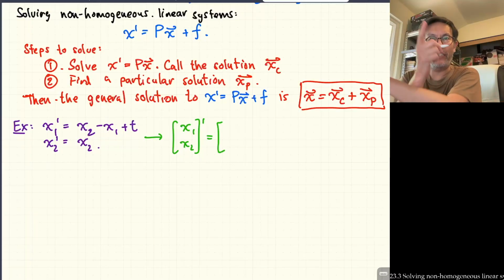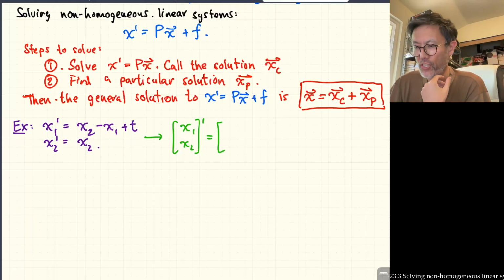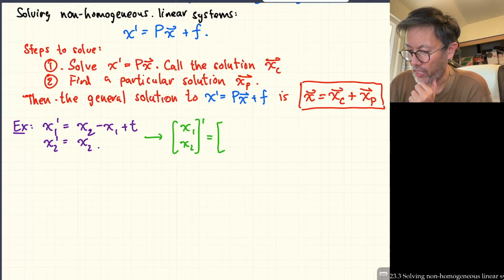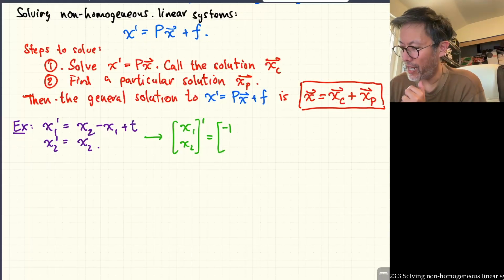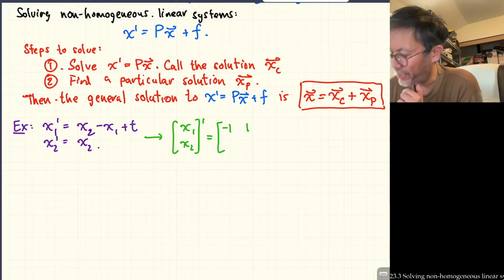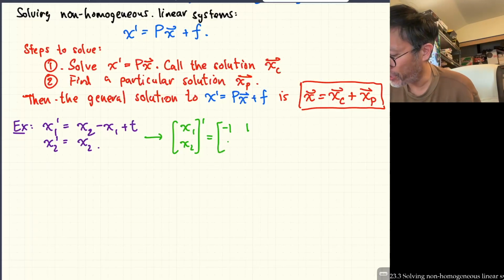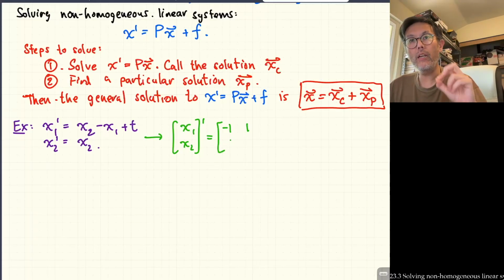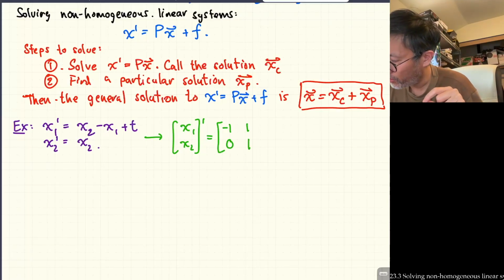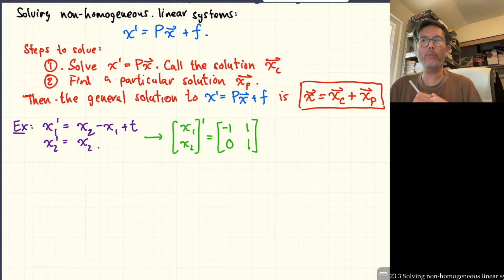I'm going to write it in the other order to see the coefficients of x1 and x2. That's going to be negative 1 times x1 plus 1 times x2. This second equation is going to be 0 times x1 plus 1 times x2. So here's the 2 by 2 matrix that we get.